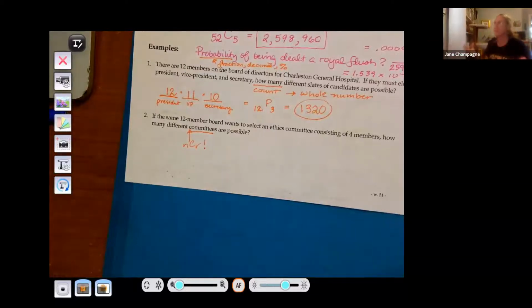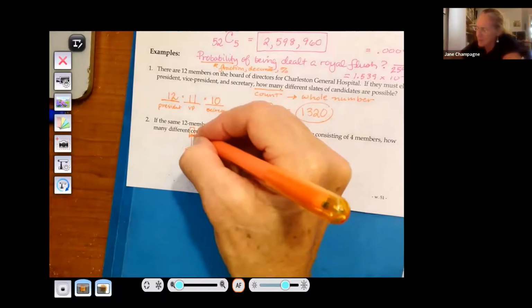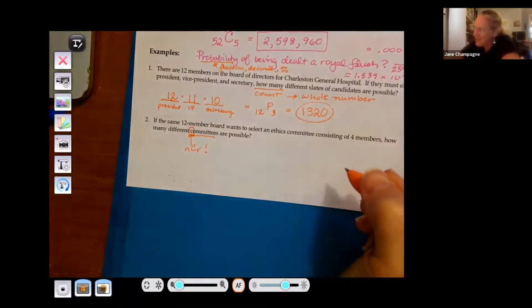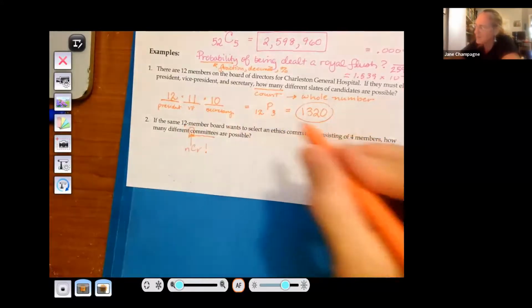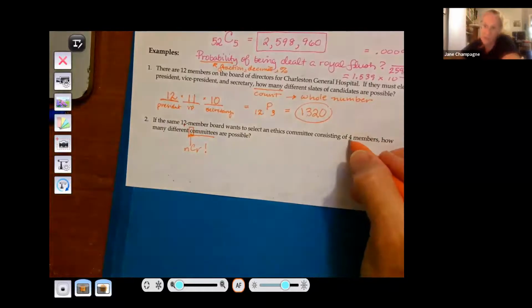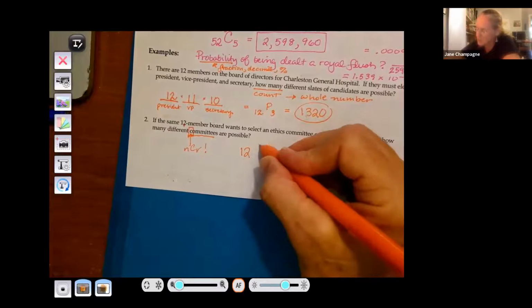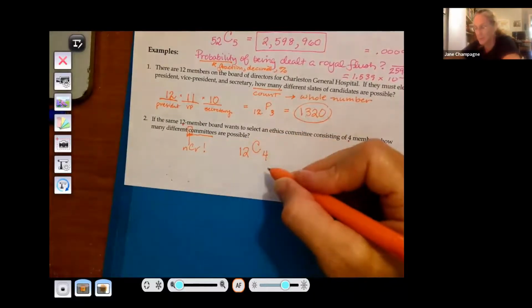It's the same how you're sitting. So we have a 12 member board, 12 that we're choosing from, and 4 that we want to choose. So that's 12 choose 4. This is the only way to do this one.